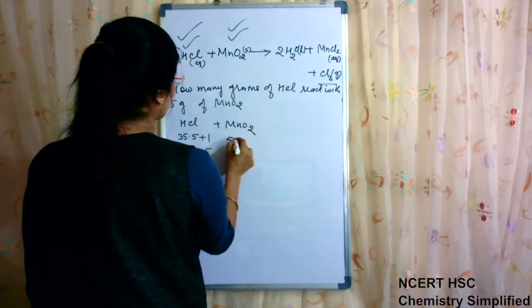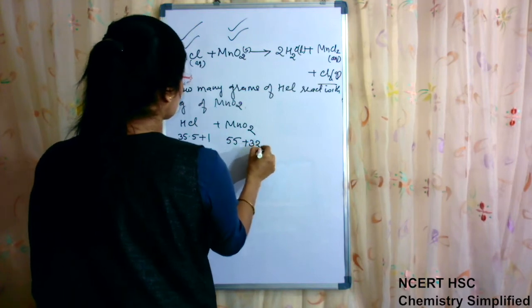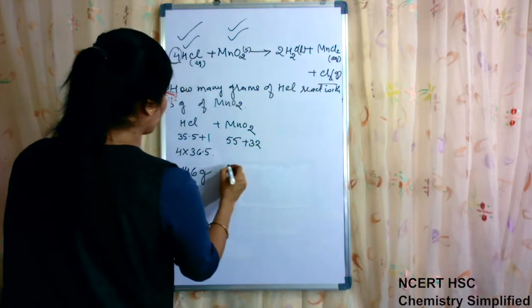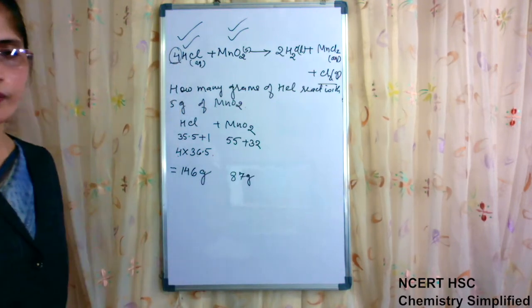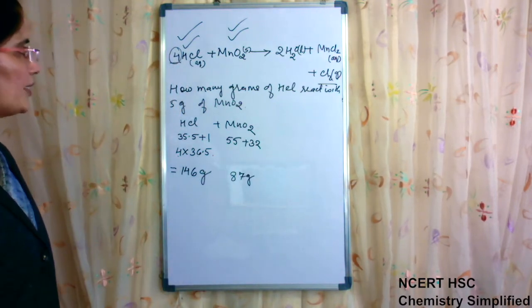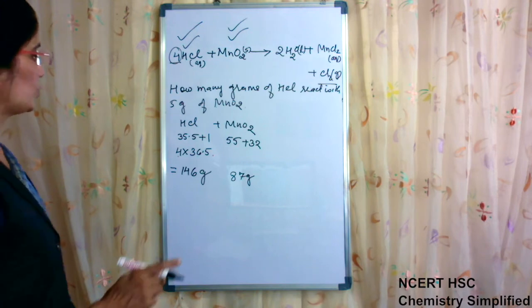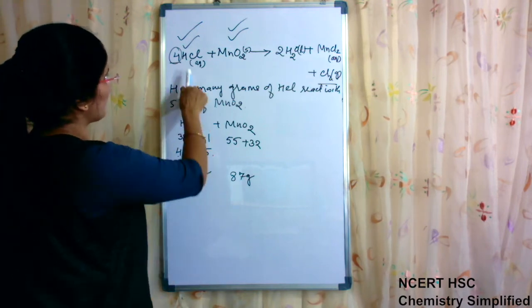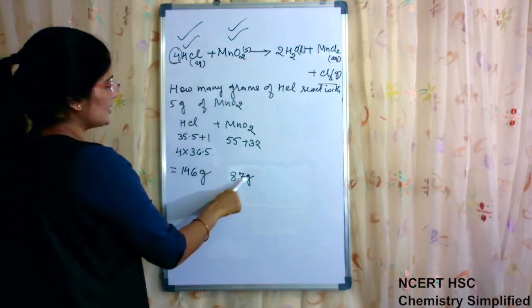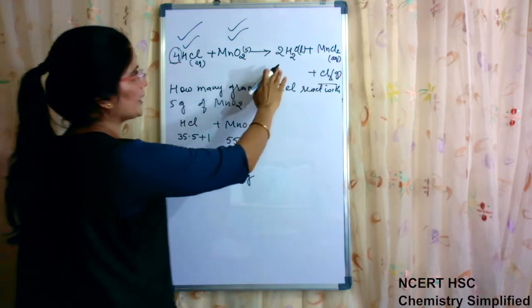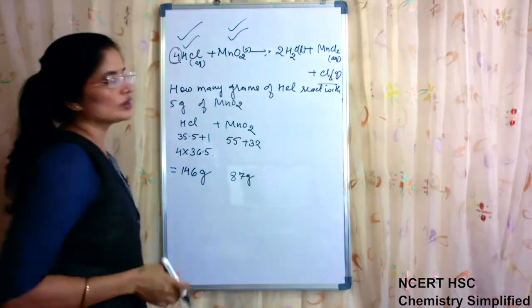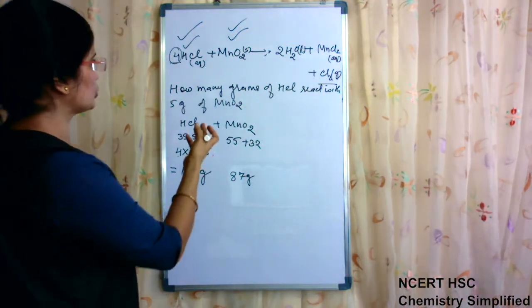Manganese is 55, oxygen is 32, so it is 87 grams. Okay. Now according to the balanced chemical equation we know that 146 grams of HCl reacts with 87 grams of MnO2. Now your question is simple. You don't need to write the masses of these because they are not needed in solving the question.